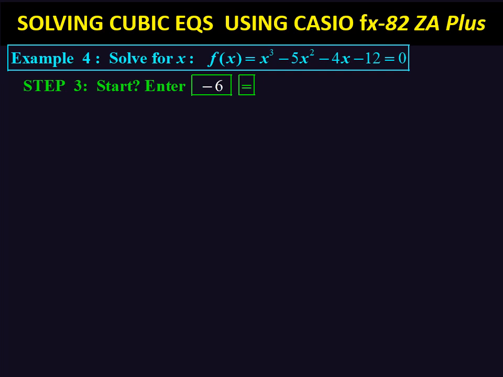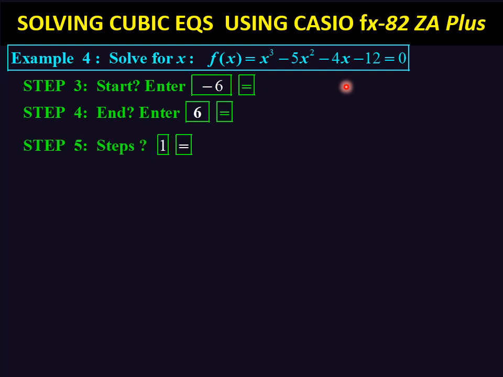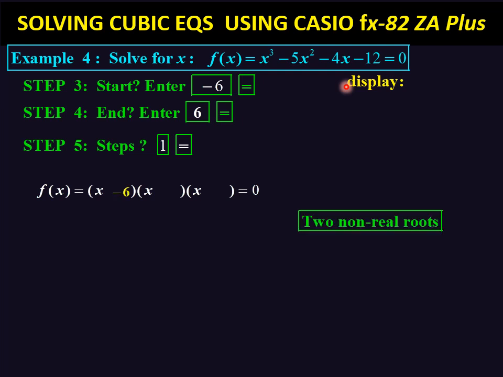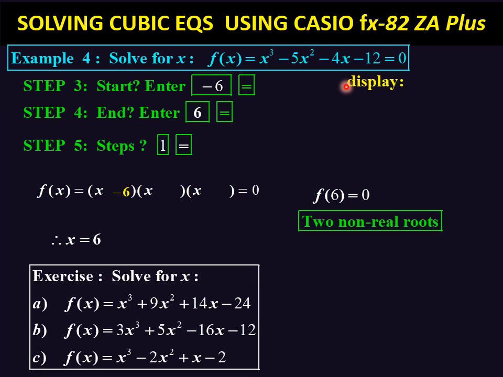Now, let's look at this one. Here, again, my starting. So important is just to know your start. You won't take 12, so rather start with negative 6 and 6, right? And your steps, if you're not sure, just choose a step of 1. So there's my values, and I display, right? And now I start, you see the only value I get is x equal to 6.